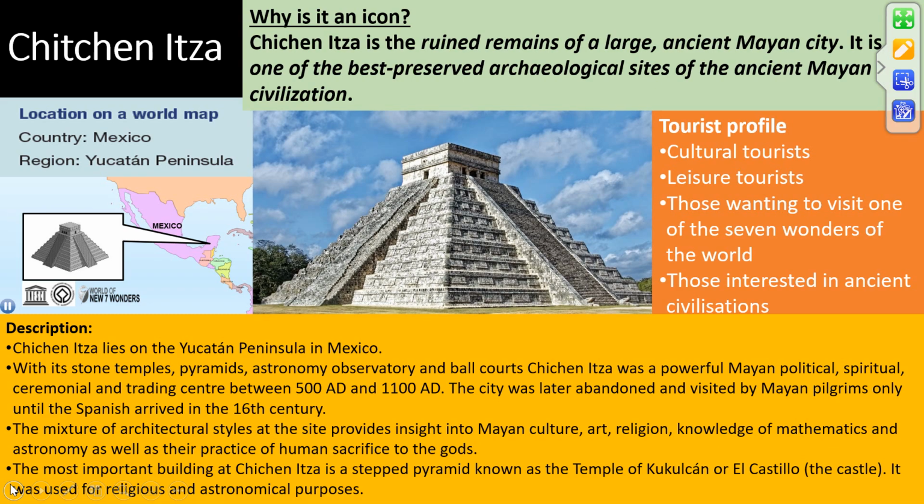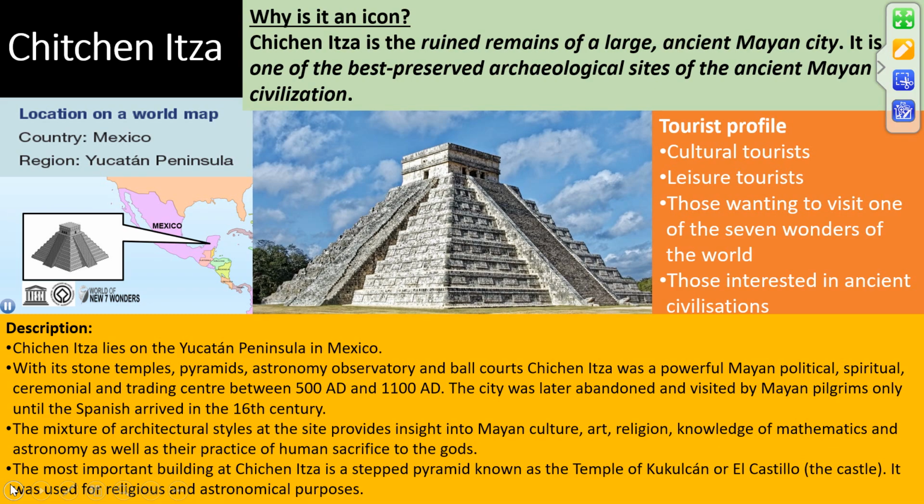It is the ruined remains of a large, ancient Mayan city, and is one of the best preserved archaeological sites of the ancient Mayan civilization. Some interesting information about Chichen Itza is it has stone temples, pyramids, an astronomy observatory, and ball courts.